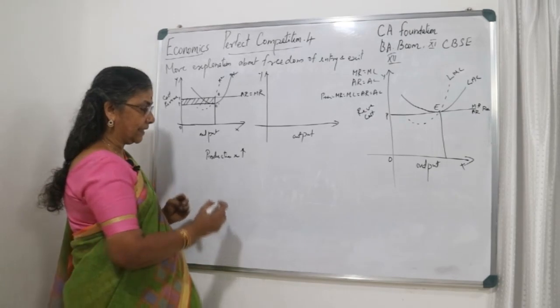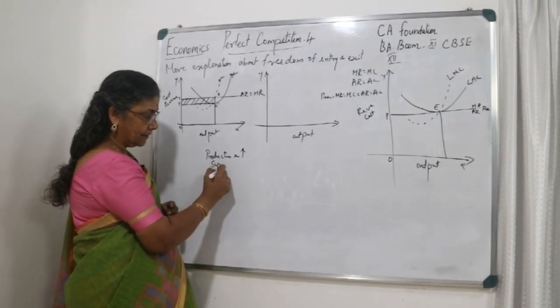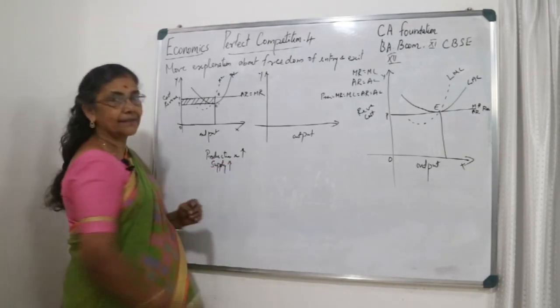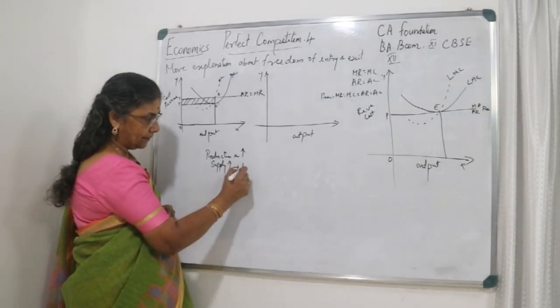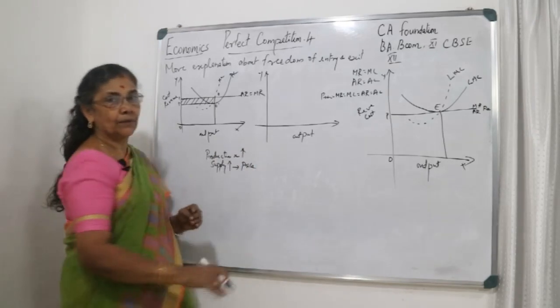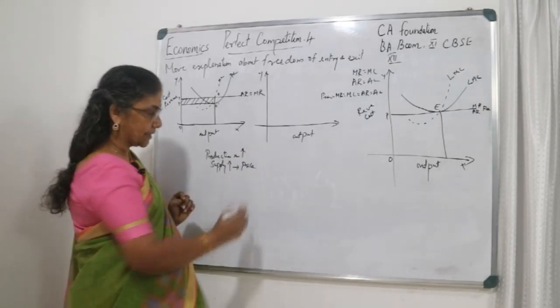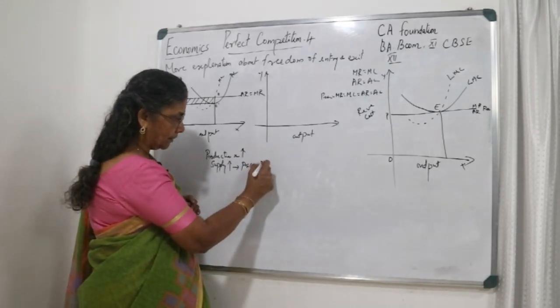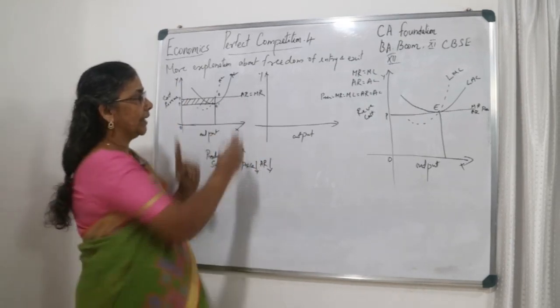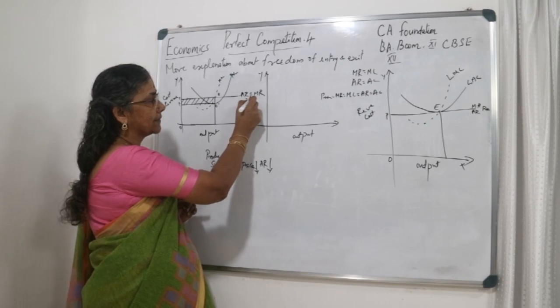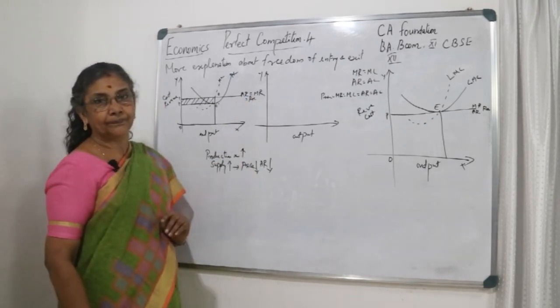When production of X increases, that means supply will increase. When supply increases, what will happen to price? Price will come down. When price comes down, the AR will also come down. Price is equal to AR is equal to MR, so it will come down.